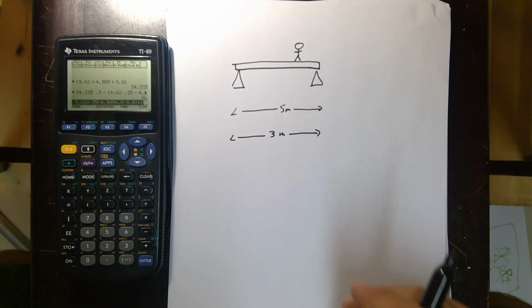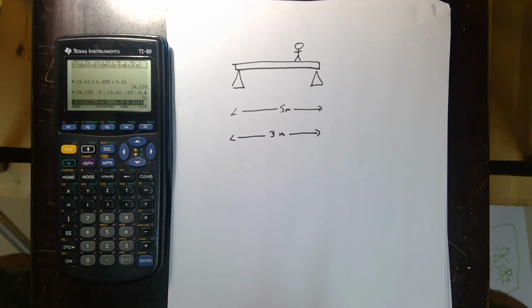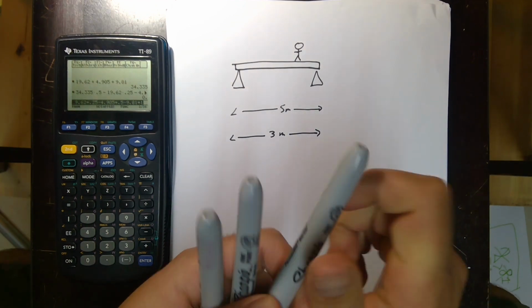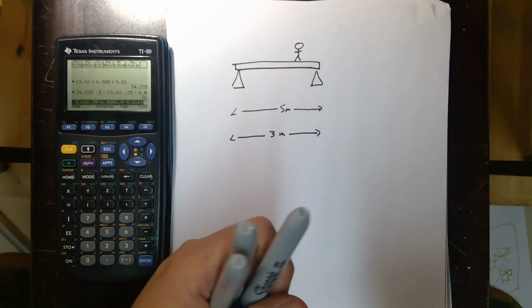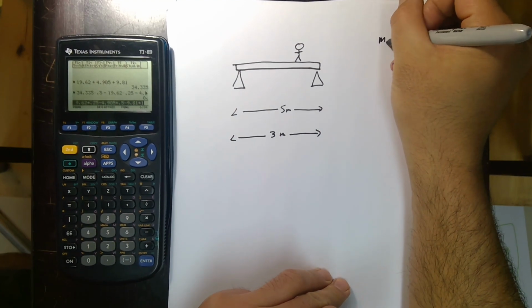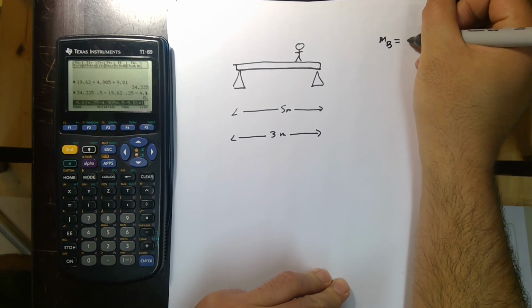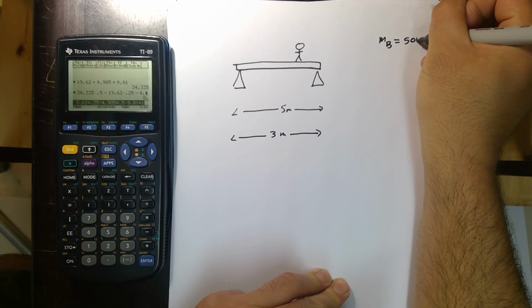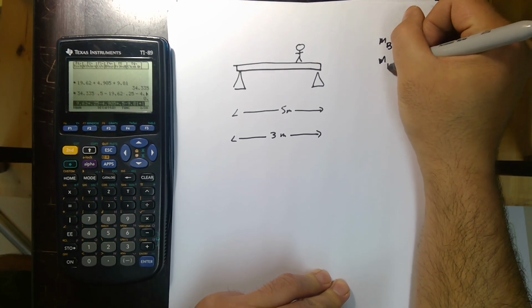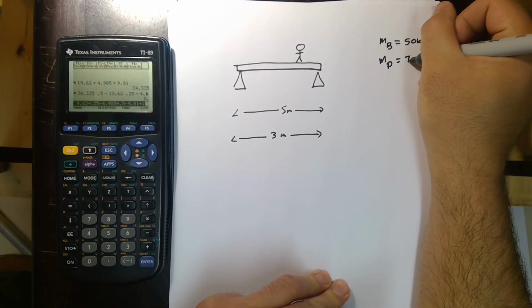Now, if we're looking at all the forces acting on the board, the board itself has weight. So we're going to have to give the board some mass. Let's say that the board is 50 kilograms. Let's make the painter 75 kilograms.